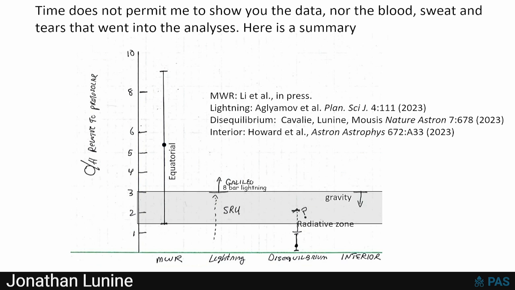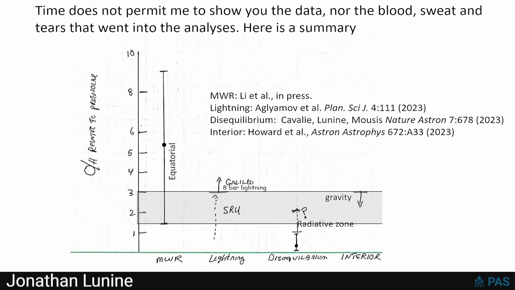He's now a postdoc at Michigan. Disequilibrium species, essentially here, the abundance of carbon monoxide observed at the 1 bar level is determined by its chemical interactions very deep down at about the kilobar level. That's work that's been done by Cavalli et al., and then the interior data.